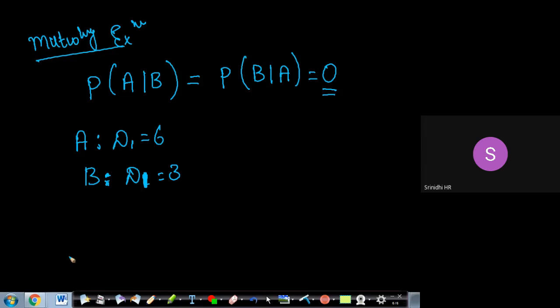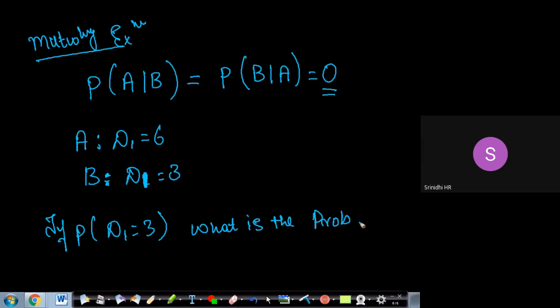If you observe, given that D1 equals 3, what is the probability that D1 equals 6? Please try to understand this. I'm just giving an example. He is telling that D1 is tossed and it is giving the value 3.